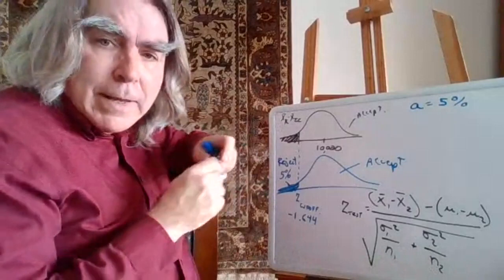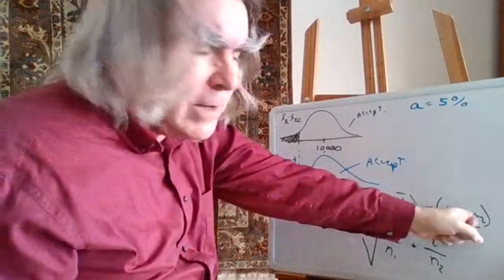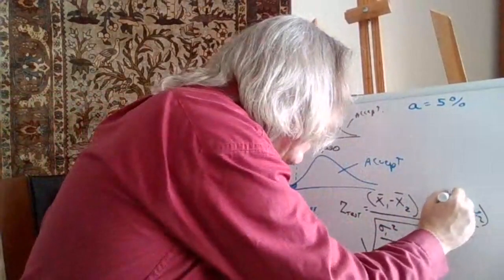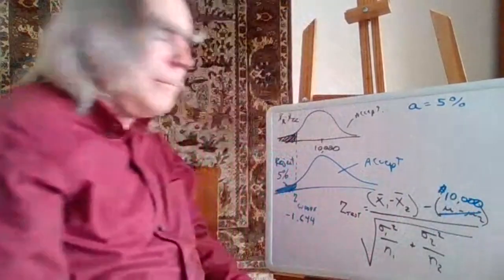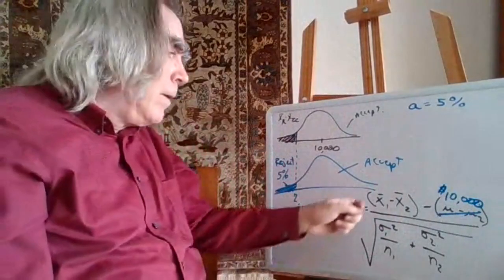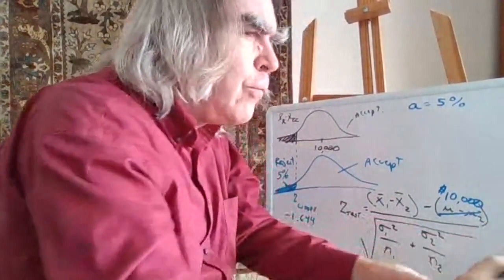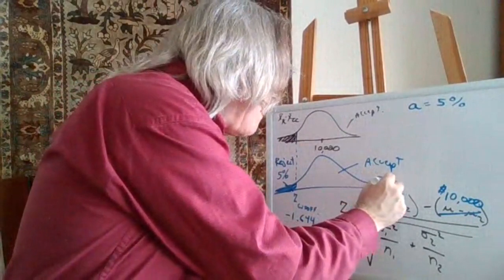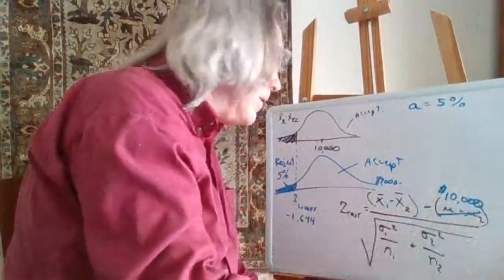Now, let's plug in a couple of things. What did the null hypothesis say mu1 minus mu2 was? $10,000. Right? x1 minus x2. x1 was 89,000 minus 63,000.